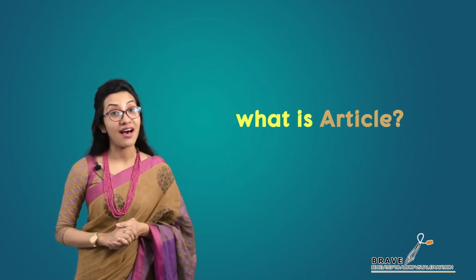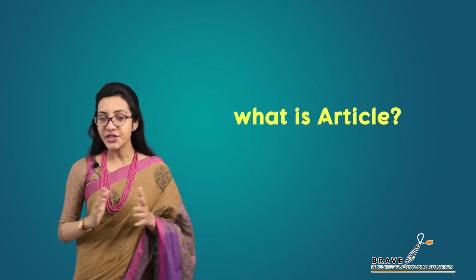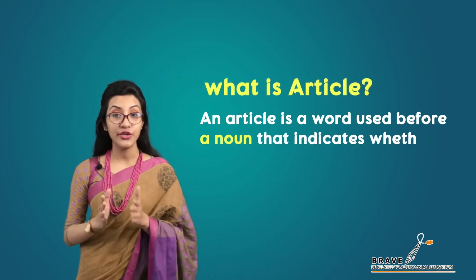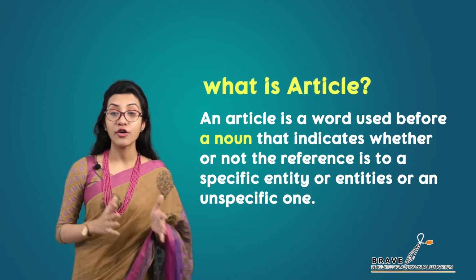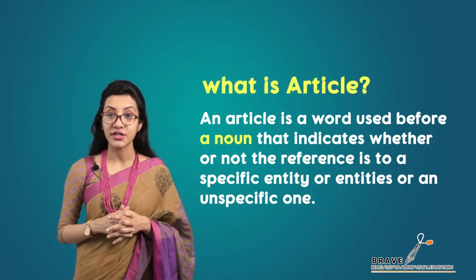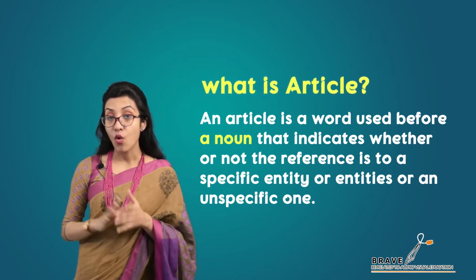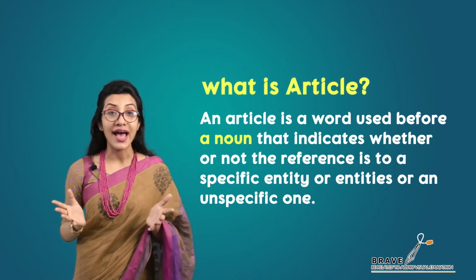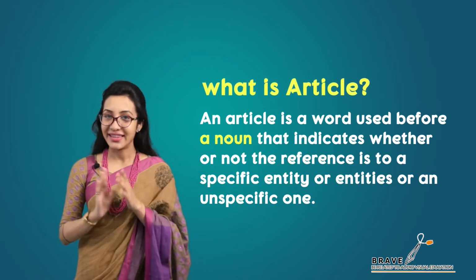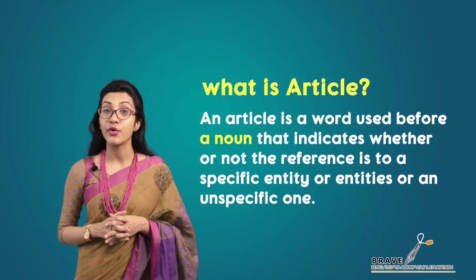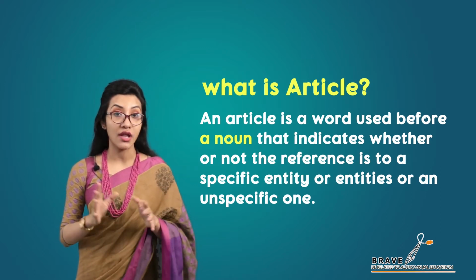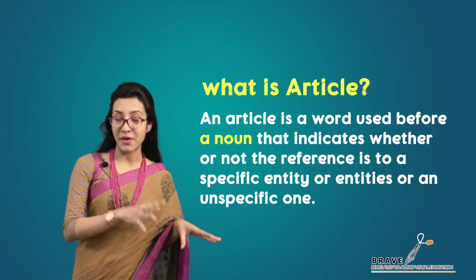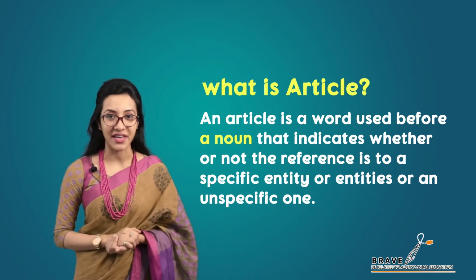Now what is an article? An article is a word used before a noun that indicates whether or not the reference is to a specific entity or entities or an unspecific one. That means articles are going to be placed before a noun and refer to the noun, whether it is specific or unspecific.